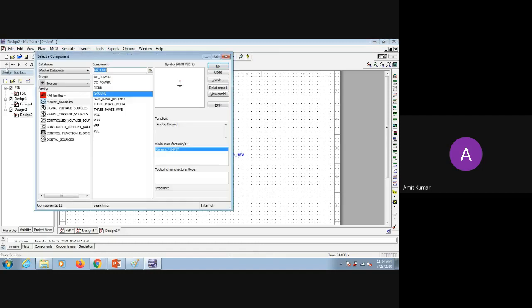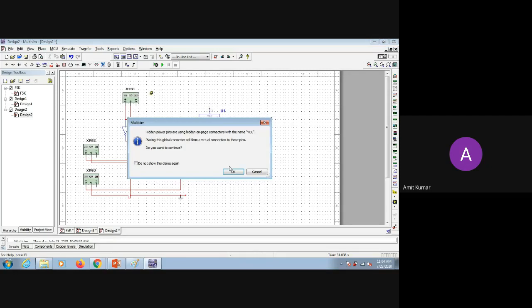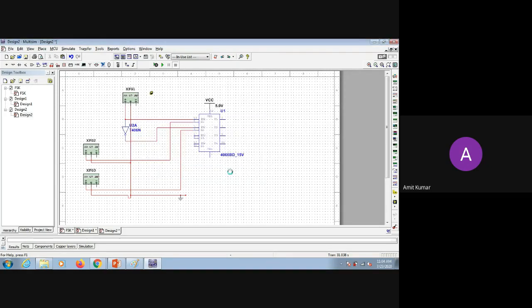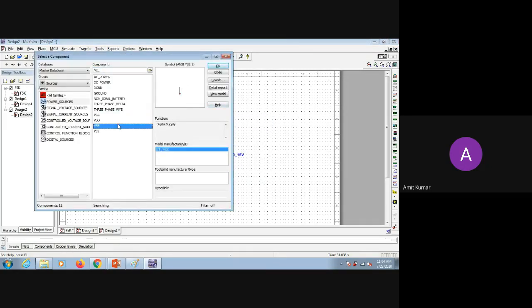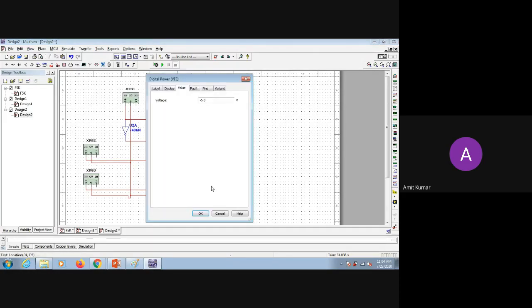So we will add 15 volts and minus 15 volts. So VCC will be plus 15 volt, and this will be minus 15 volt.